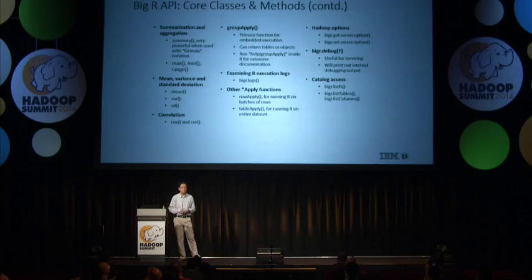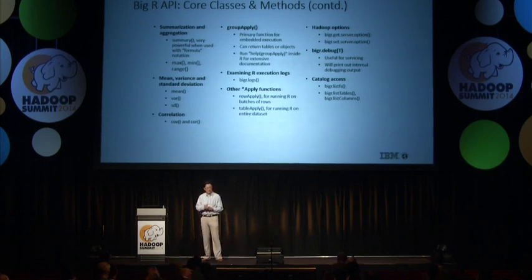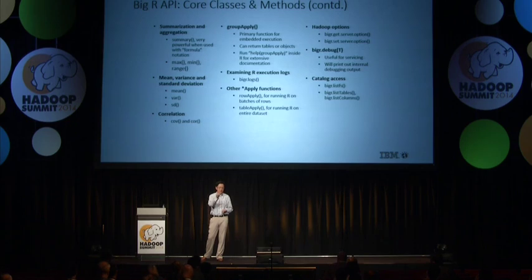Very quickly, the summary function that I showed you earlier is very, very handy. We have a set of functions that are built in, like min, max, standard deviation, and variance, those you can use, but you can also define your own column functions, if you will, that you can use in here. You can do correlations as well, but the important thing here is in the middle, there's the group apply.